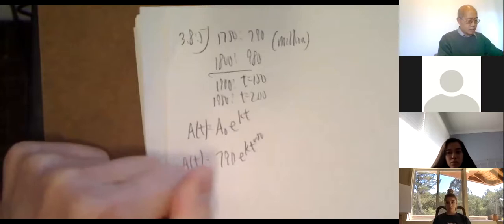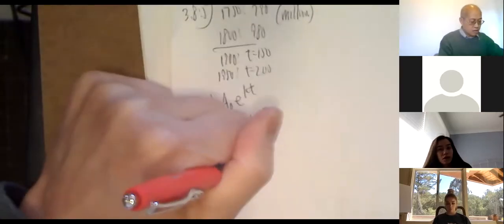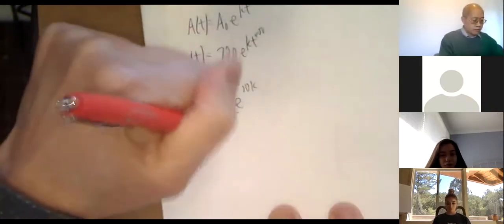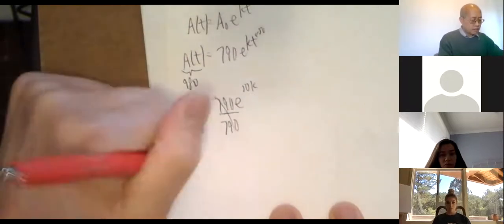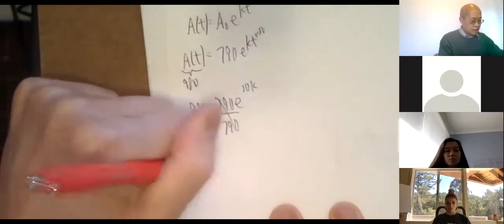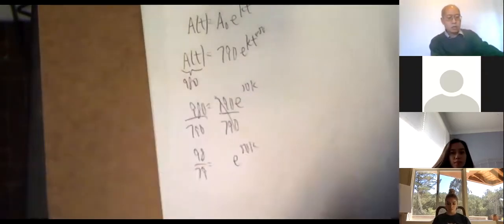So 980 equals 790 e to the 50k. Divide by 790, divide by 790. So 98 over 79 equals e to the 50k.